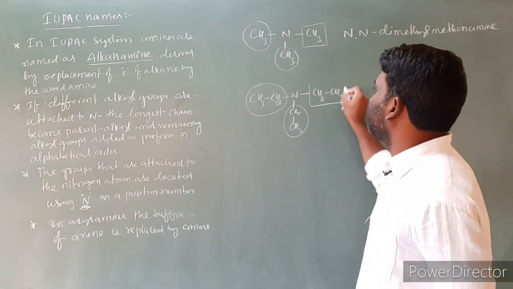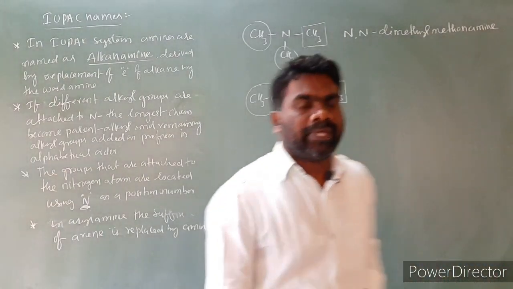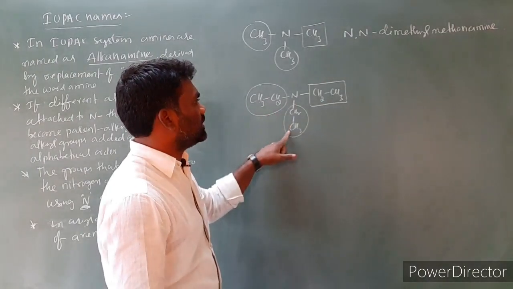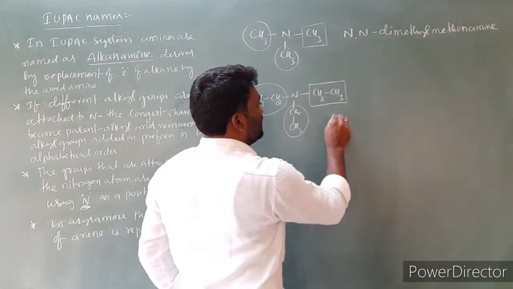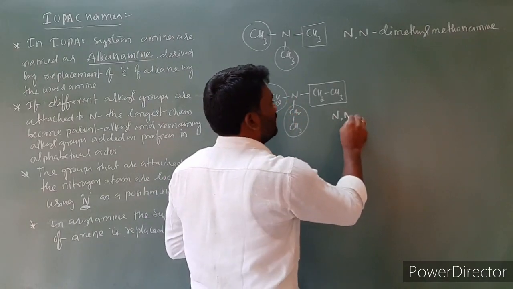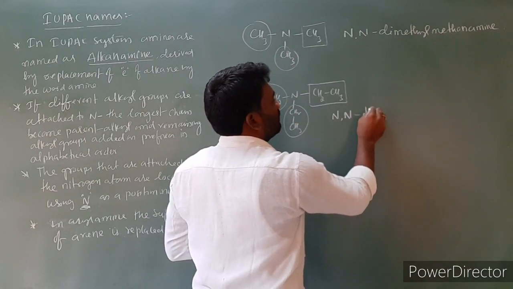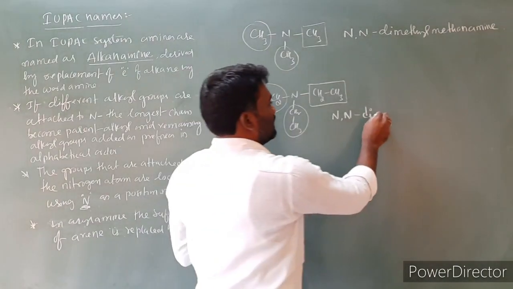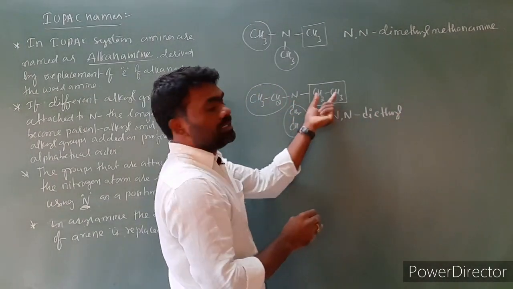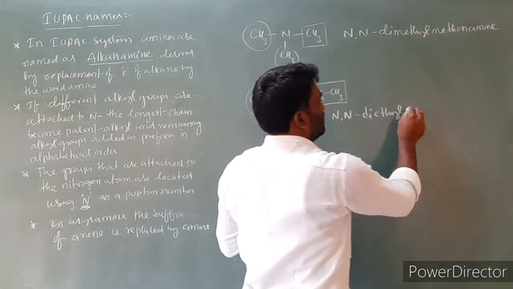One you should take as the parent. What is the name of this compound? This is attached to nitrogen, and this is also attached to nitrogen. The name is N, N, both are the same, so we use diethyl, and its name is ethanamine.